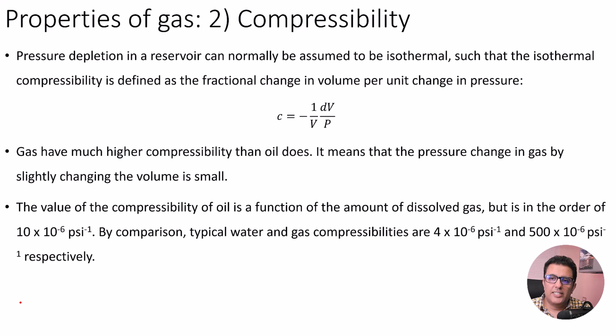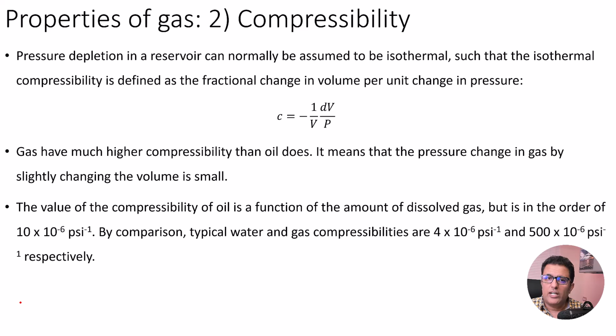Another thing that makes gas production easier is gas compressibility. Compared to water and oil, gas has much higher compressibility. So what is compressibility? Compressibility means the ability of a material to change its volume once it is subjected to a change in pressure.